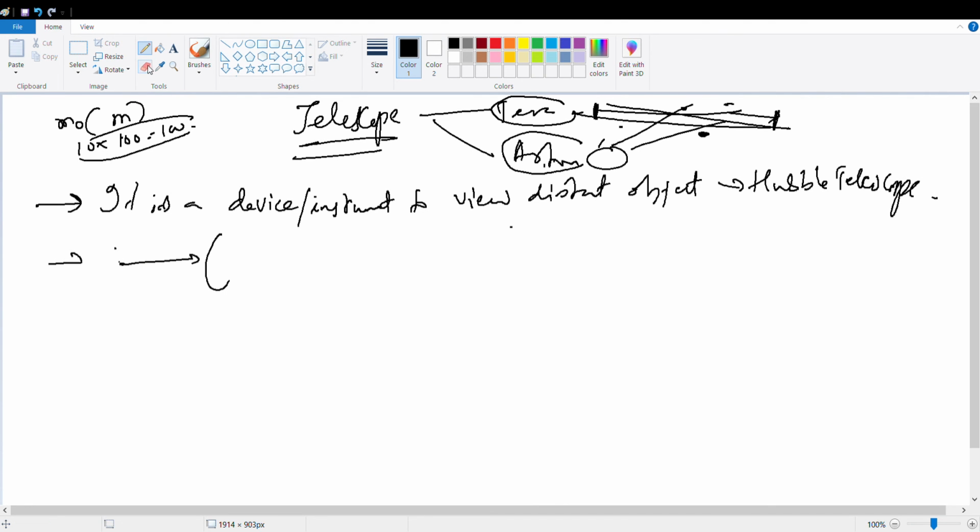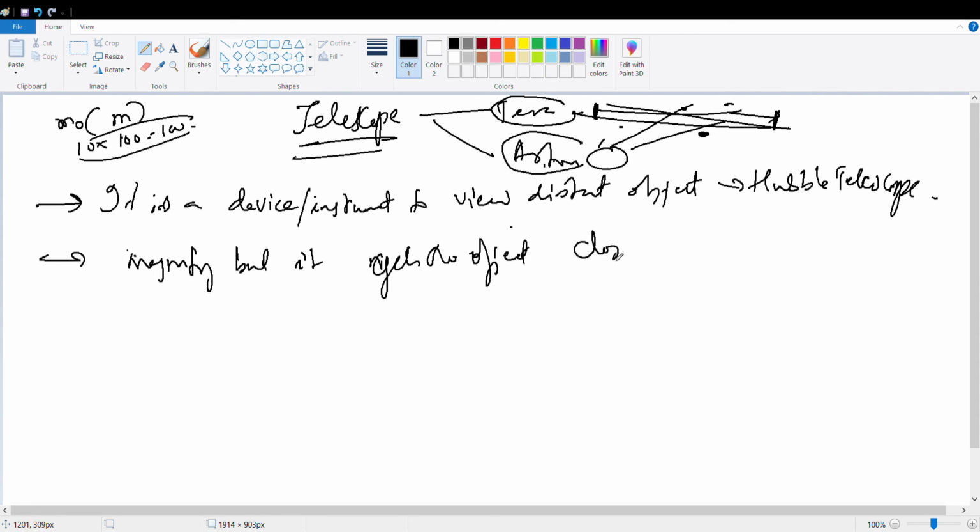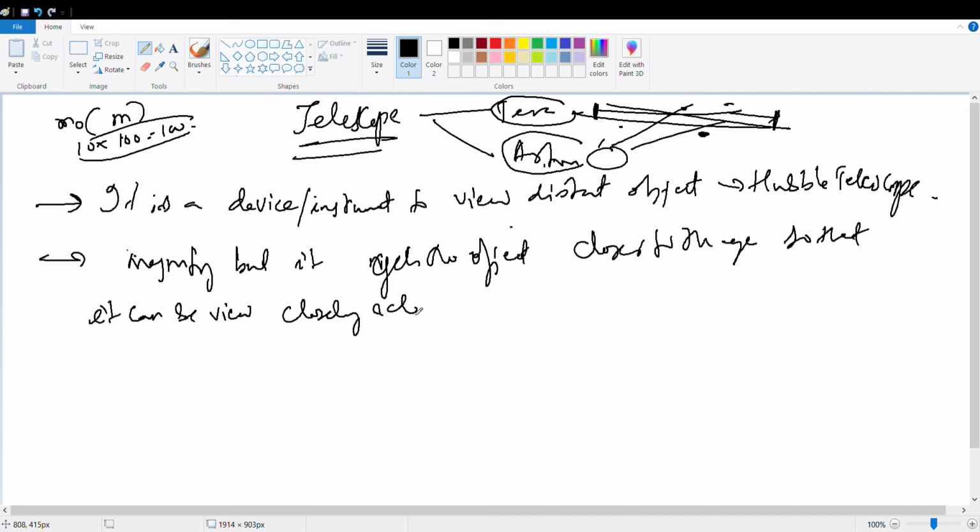So if somebody asks, obviously we'll use the magnification formula. But however, if somebody asks you what exactly the telescope does, a telescope, unlike a microscope, does not magnify, but it gets the object closer to the eye so that it can be viewed closely and clearly.